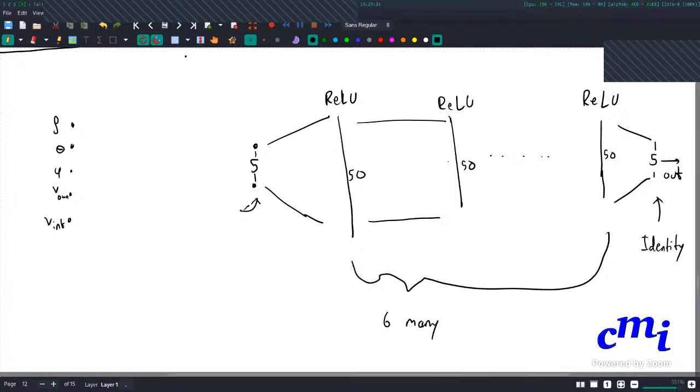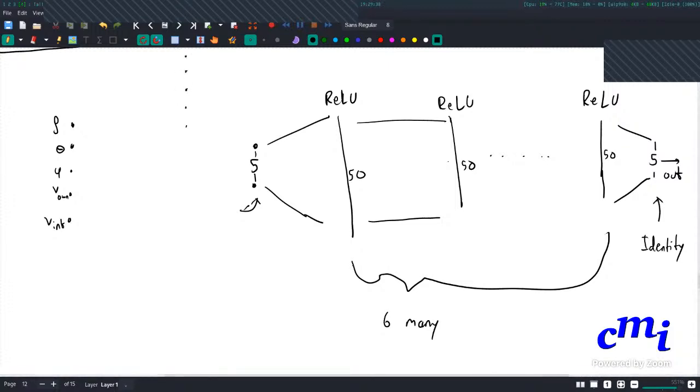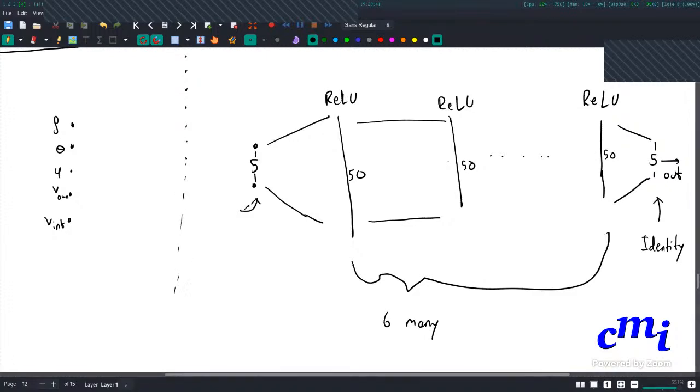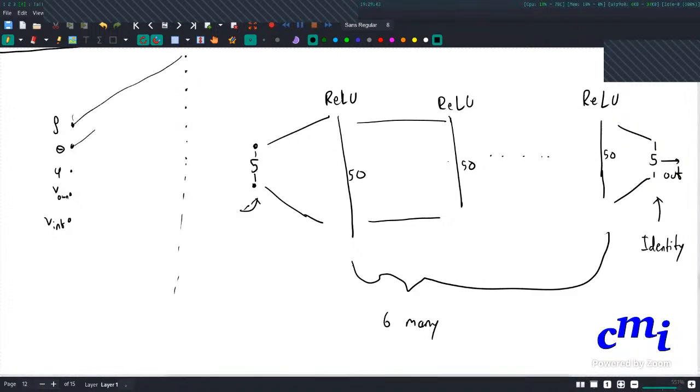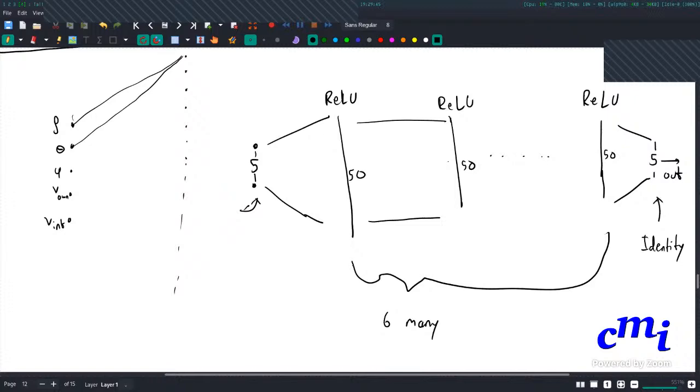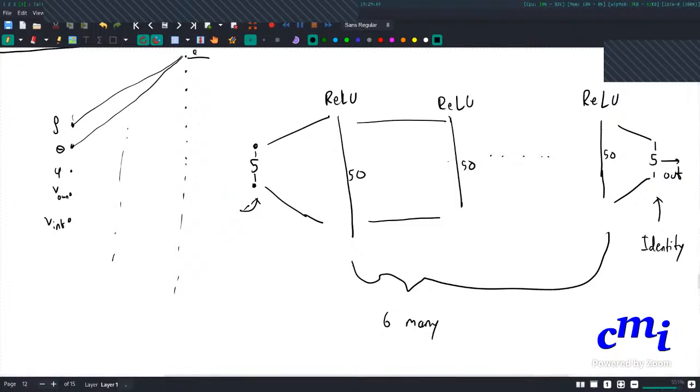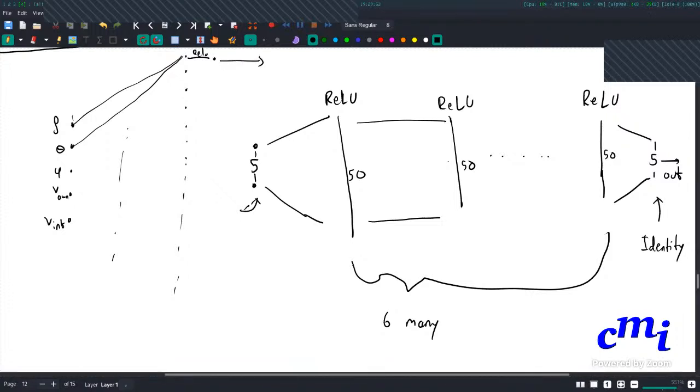And then you're going to have 50 neurons over here, and everything is connected to everything via some weights, right? And then each one of these neurons is doing ReLU. You're getting an output and so on. Again, in the next layer, you'll have 50, and everything is connected to everything in between. Does that answer your question? Yeah.